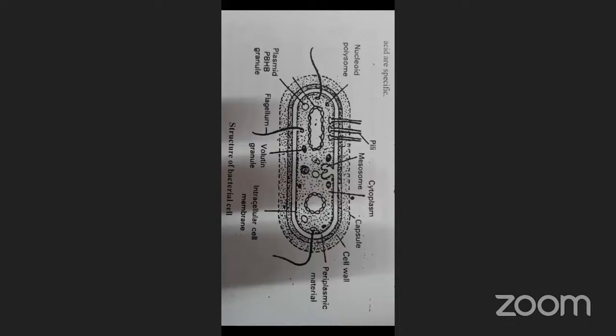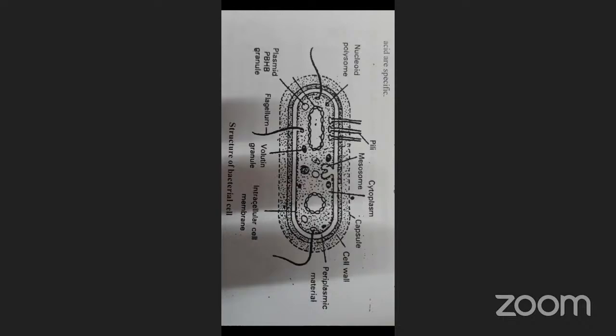Next, ribosomes. The ribosomes are also present in the cytoplasm. What is the use of ribosomes? The ribosomes are the sites of protein synthesis in the bacterial cell and in eukaryotic cells. The bacterial ribosomes are 70S type.